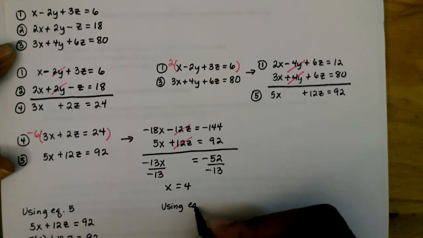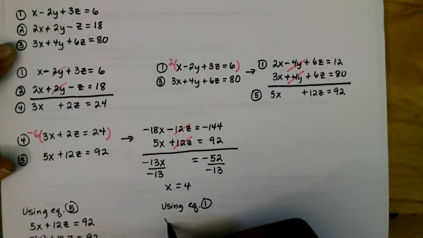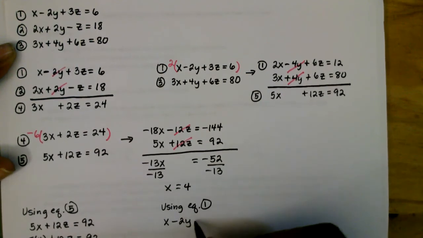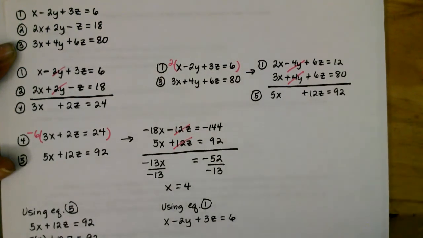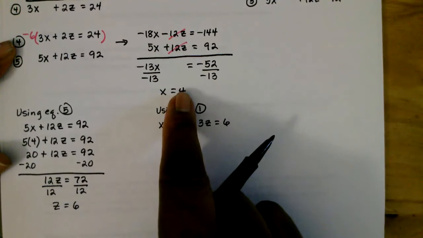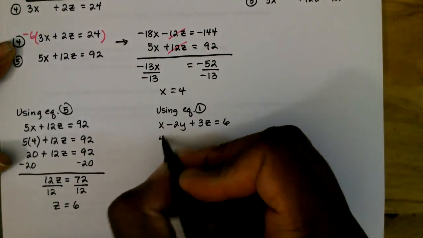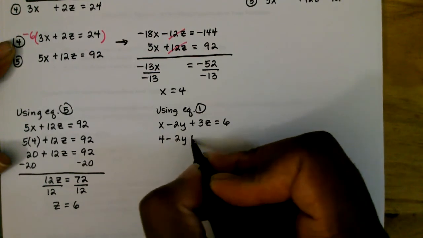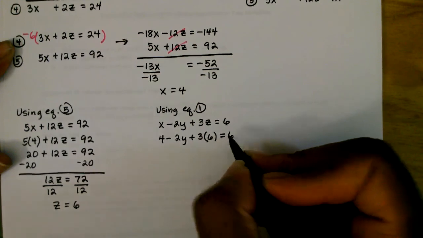So I'm going to say using equation 1, and equation 1 was x minus 2y plus 3z is equal to 6. Okay. So now I'm going to replace the x with 4 and the z with 6. So x is 4, so that'll be 4 minus 2y plus 3 times that z is 6 is equal to 6.